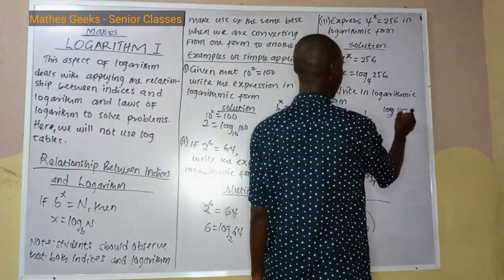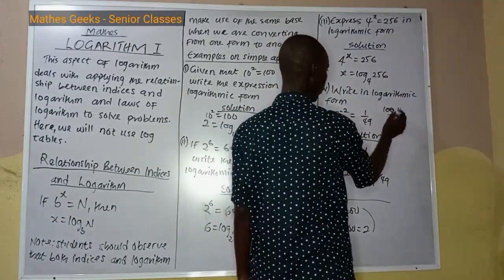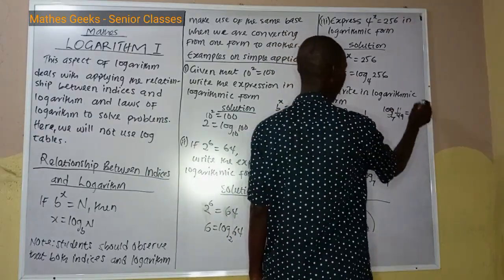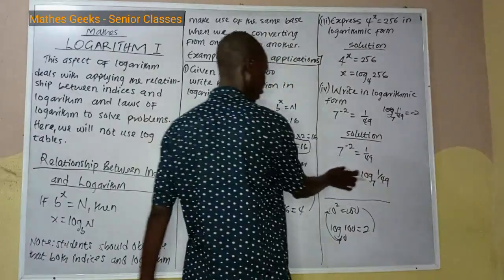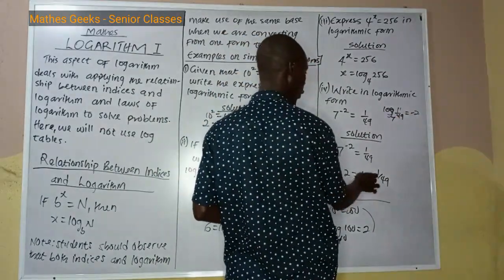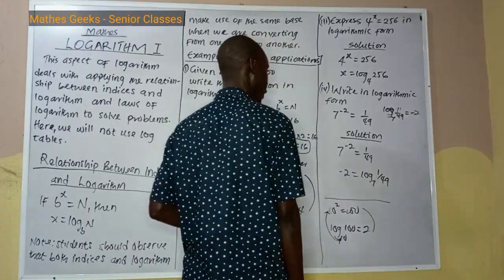Then the base in index notation is what you are going to have as the base in our log notation. Then the power will be our result, minus 2. So minus 2 is equal to logarithm of 1 over 49 to the base 7.